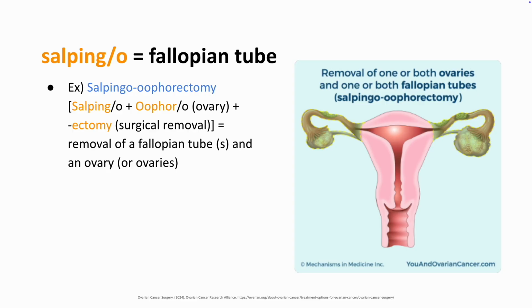So salpingo is fallopian tube, and oophoro is a combining form that also means ovary. And ectomy, surgical removal. So salpingo-oophorectomy is a removal of fallopian tube and the ovary. So in this case, during salpingo-oophorectomy, the green portions in the diagram will be removed.